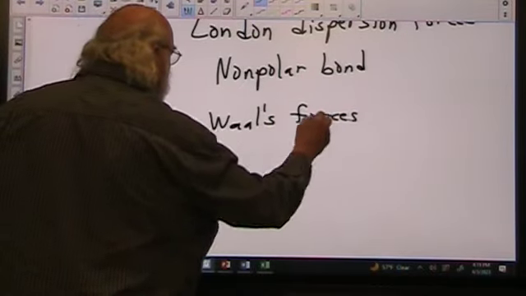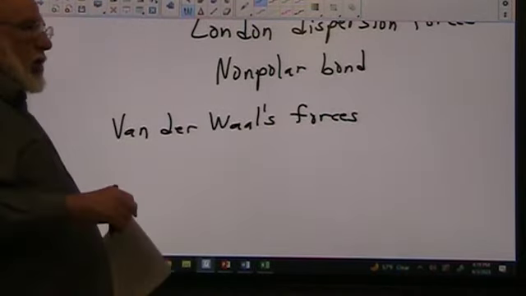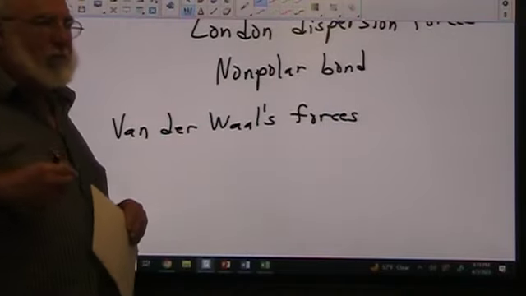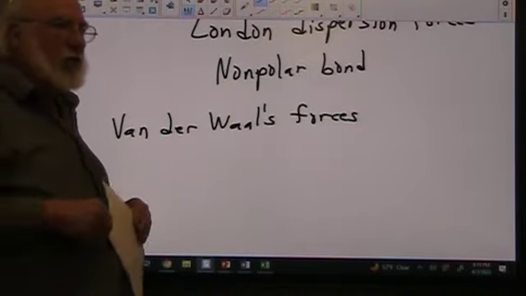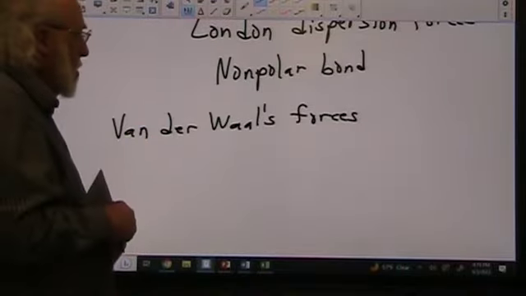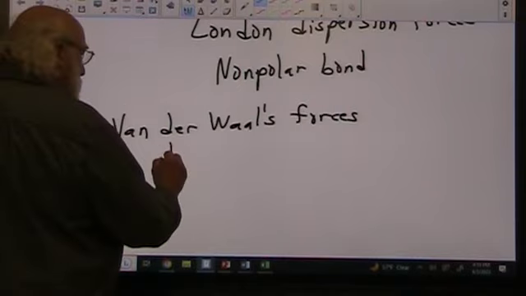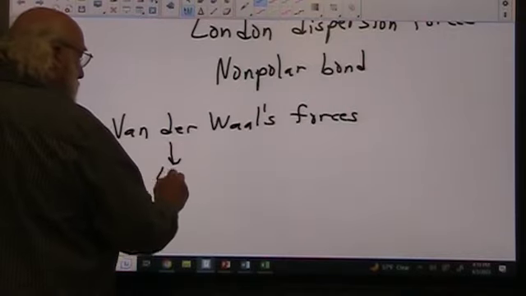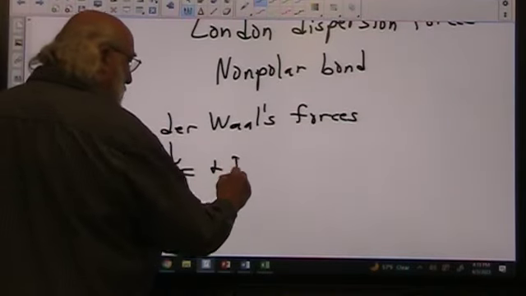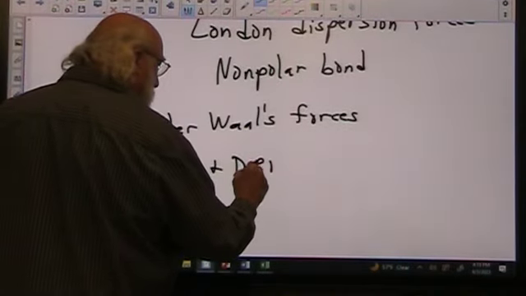These are descriptions of weak forces, because it acknowledges the fact that there is a very brief positive negative charge, or a very weak so-called positive negative charge, in these molecules. This tends to cover both the London dispersion forces and the dipole-dipole bonds.